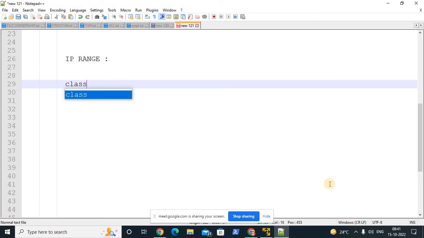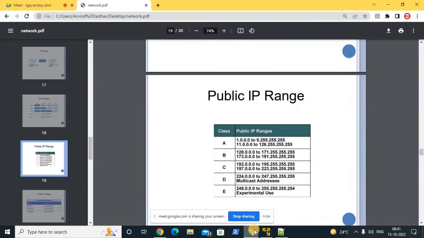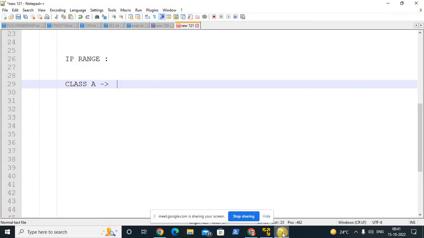First, class A. What is the range of class A? Up to 126, starting from 1.0.0.0. We'll discuss that later, don't worry about that. We are discussing a general range, not what is a public IP and what is a private IP.